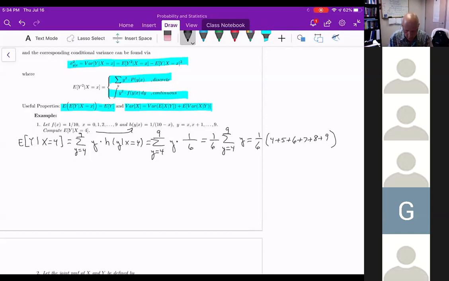So you could do that in your head or with a calculator, either is fine with me. So 6 and 4 is 10, 15, 22, 30, 39 over 6 is the answer that I'm getting. Check my math, or are you getting something different or the same?